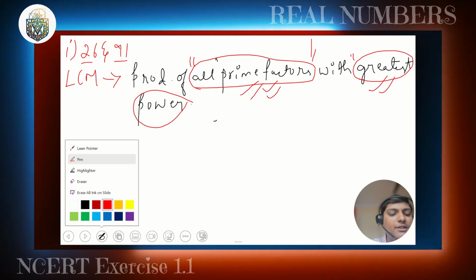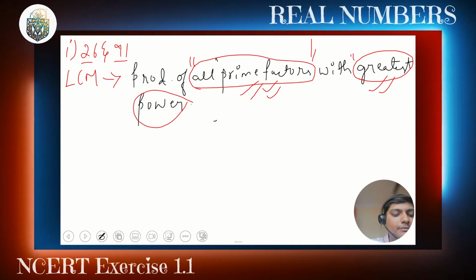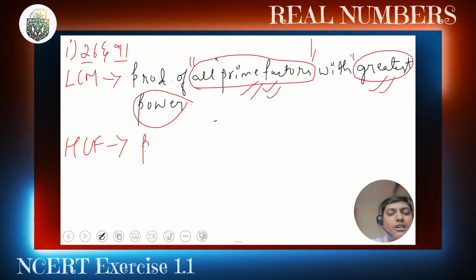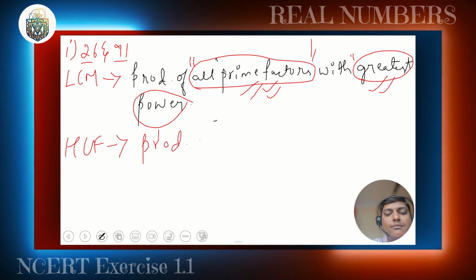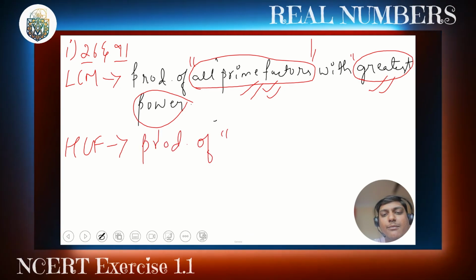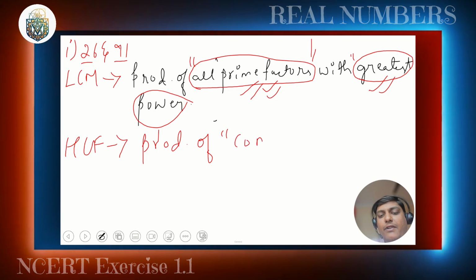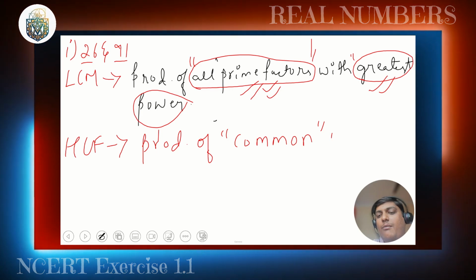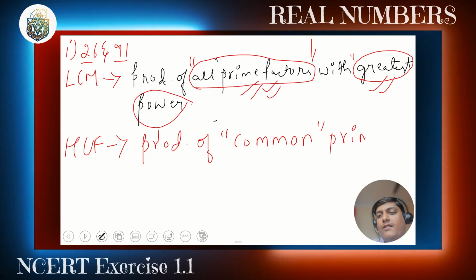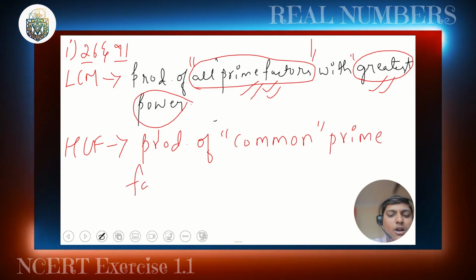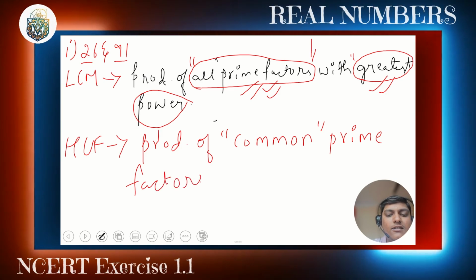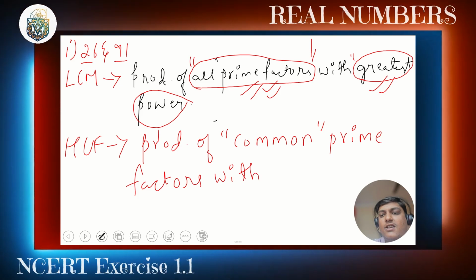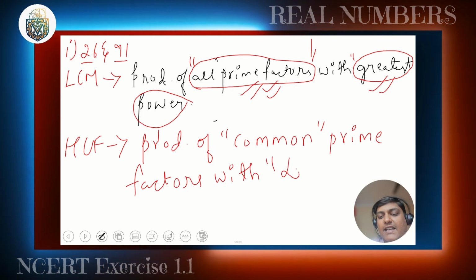Then similarly, the HCF definition: HCF is basically the product of common prime factors. This word is very, very important. Product of common prime factors with least power.